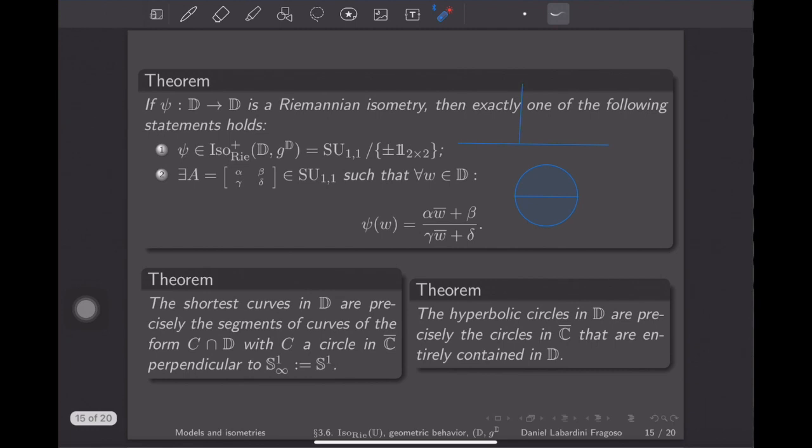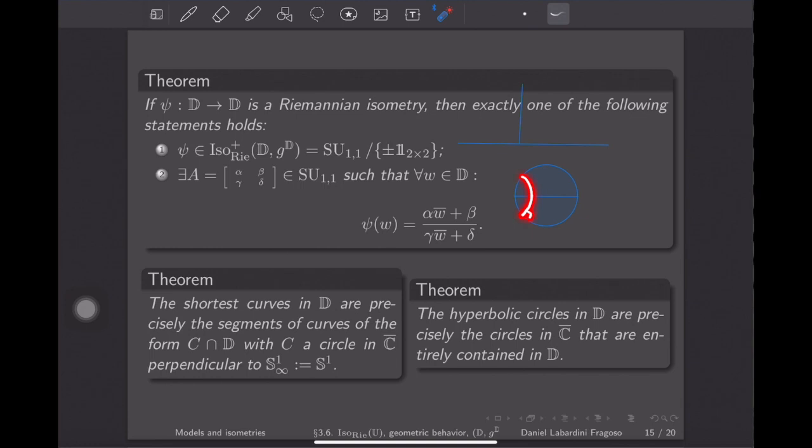So the shortest curves in D are precisely the segments contained in D of circles in C bar perpendicular to the unit circle, which I like to think of as the circle at infinity of the hyperbolic plane, okay? Because the complex unit circle is not contained in the hyperbolic plane. Now note that in particular the Euclidean straight line segments through the complex origin are some of such segments. So these ones are shortest curves, as long as they pass through the origin.